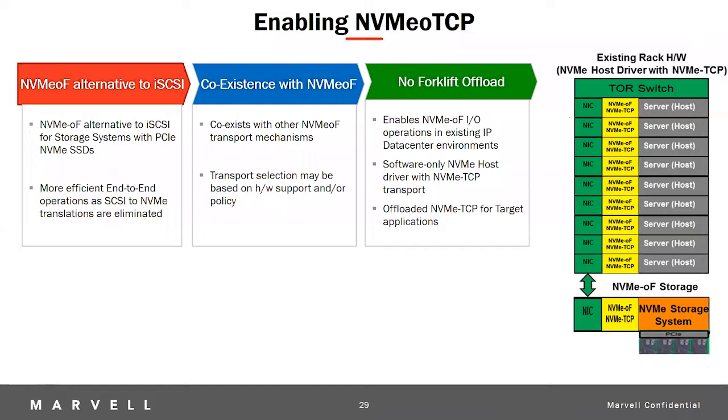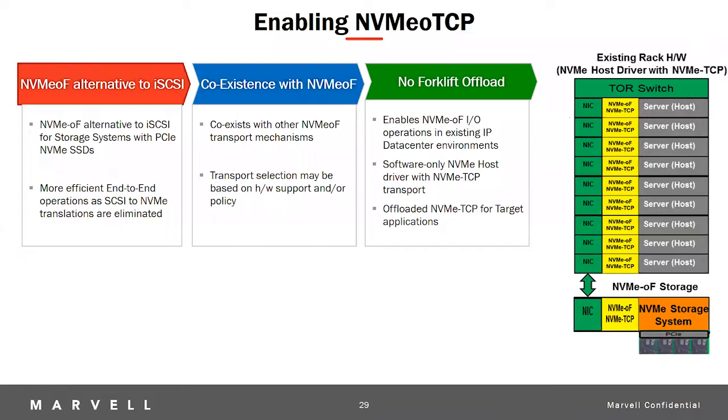We think workloads that have relied on iSCSI in the past will benefit from NVMe over Fabrics with NVMe over TCP. Again, no forklift upgrade. You should be able to leverage your existing Ethernet framework to take advantage of this protocol.